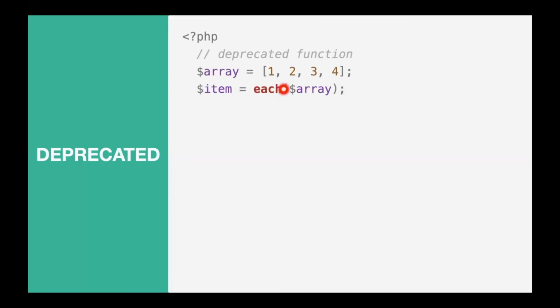Typically this is something you generally won't need to be concerned about, but if you do run into a function that's been deprecated, generally there will be an alternative function that will serve the same purpose. So you'll want to look at the documentation to find out which function you need. But generally, again, you're not going to run into deprecated functions very often.